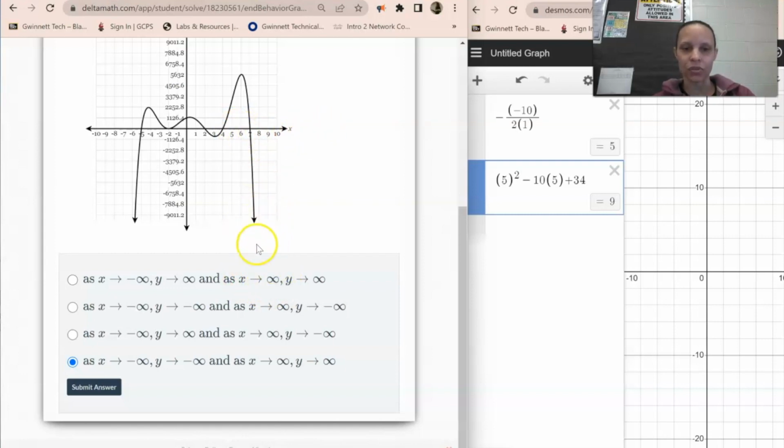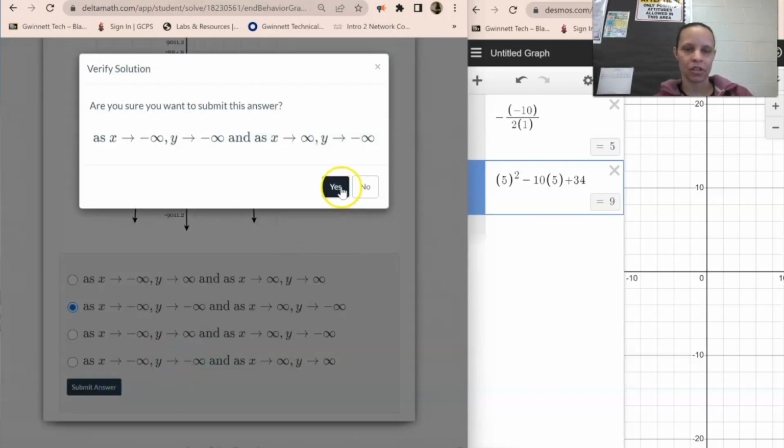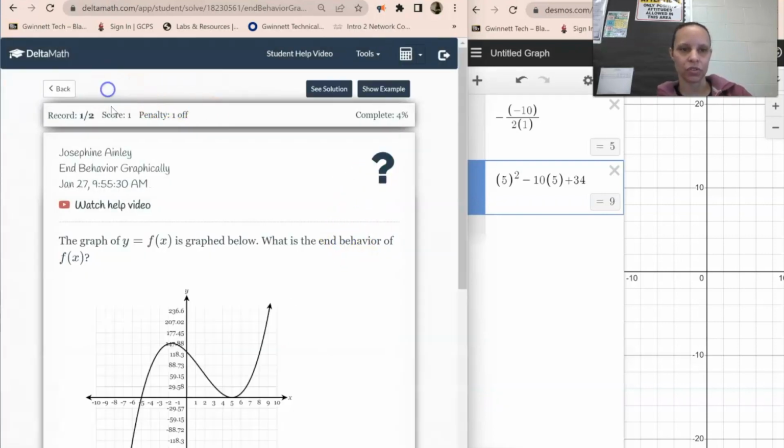It is also going to negative infinity. So as x is going to the left and to the right, it's negative infinity. So it's this answer here. As x is going to the left, the graph is going to negative infinity. As x is going to the right, the graph is going to negative infinity. All right, I'll just do a couple more because I know this notation confuses you.